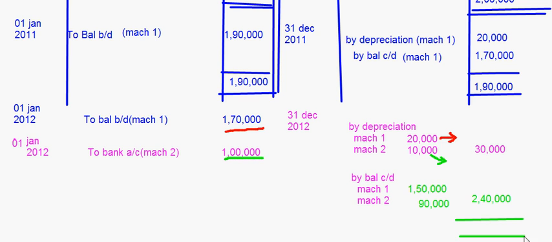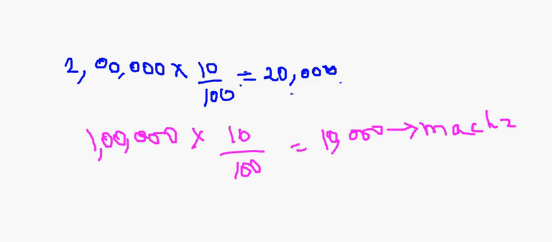And for the second machine, what is the cost here? 1 lakh. And what is the depreciation? It is 10,000, so 1 lakh minus 10,000 is 90,000. So it is 1,50,000 plus 90,000, which is 2,40,000, right?